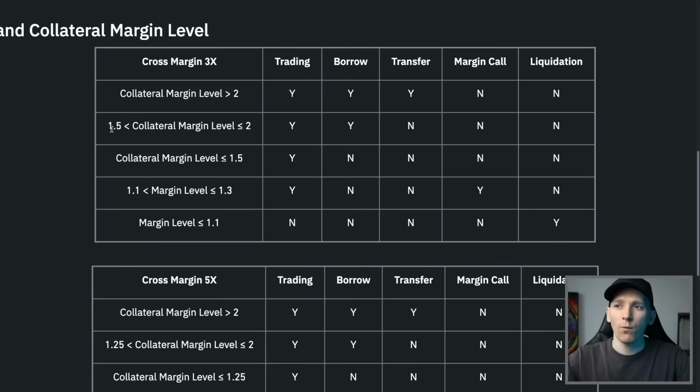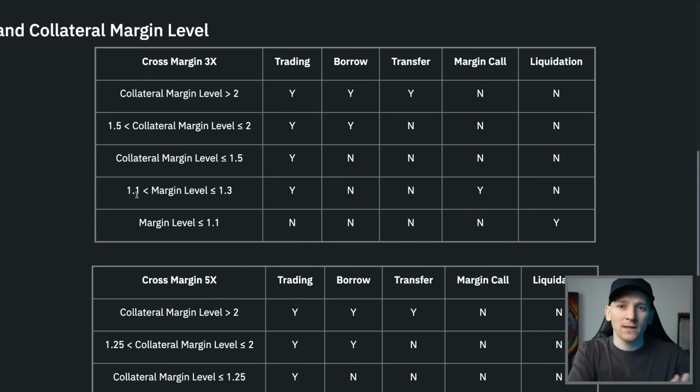If you have 1.5 or under 1.5 collateral margin ratio, you actually can't transfer any assets out. If that goes below 1.5, you can see that you can't borrow anymore. And if you've got 1.1, 1.1 is 10%, so your equity above your collateral is 10% only.